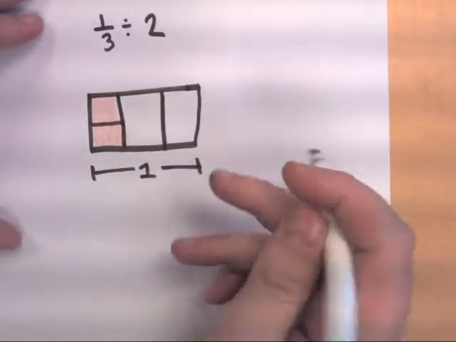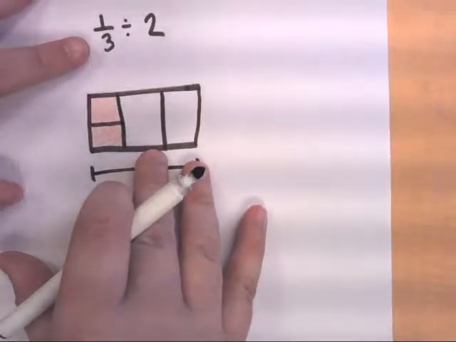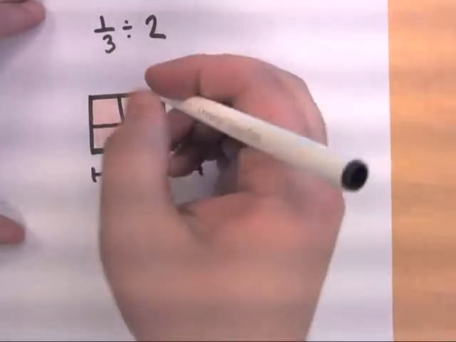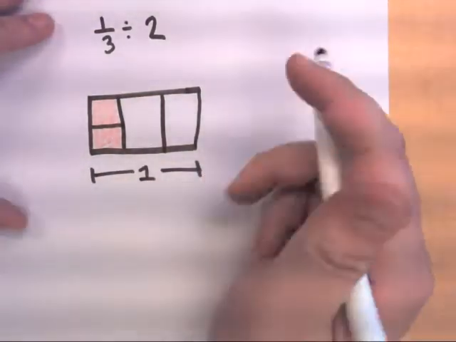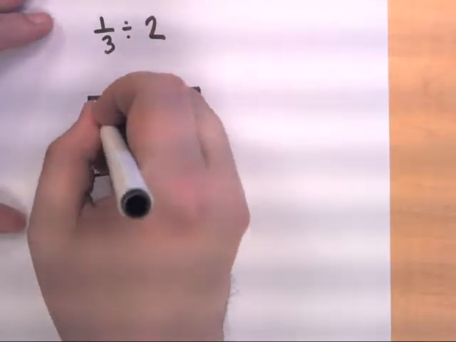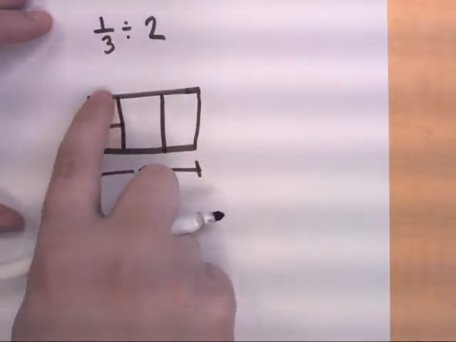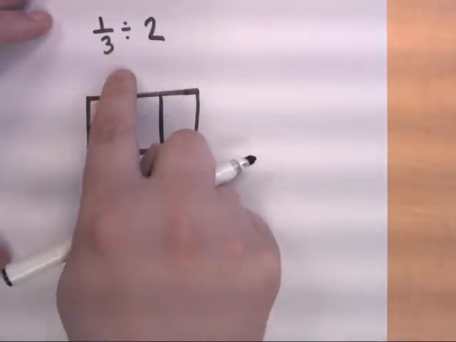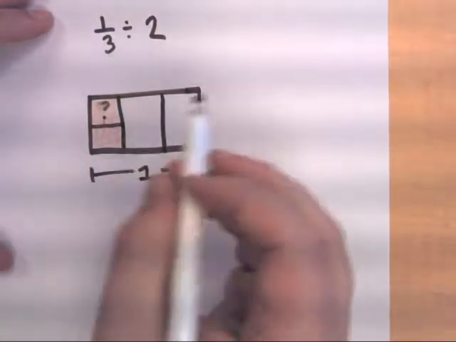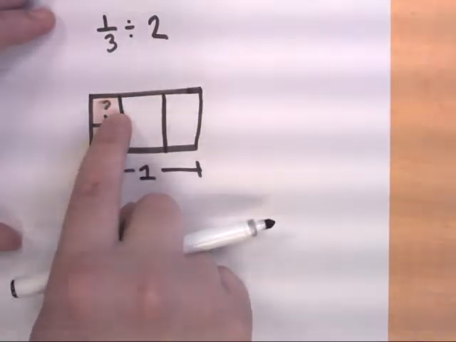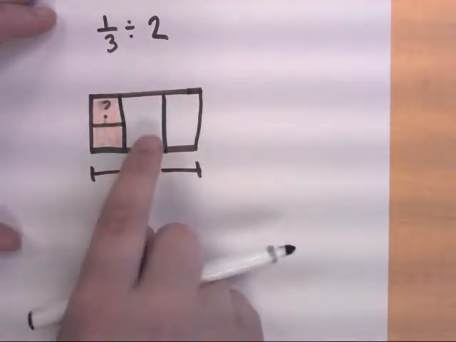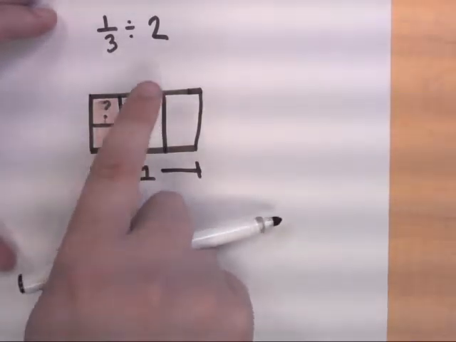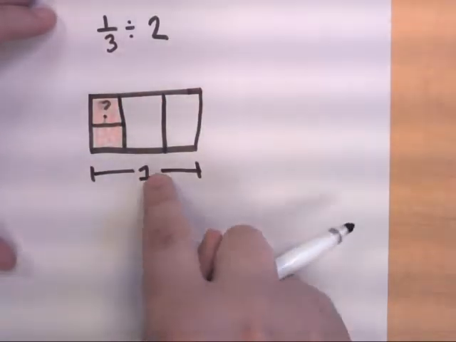So, I've used a diagram to represent this expression here, but what does that equal? What's the quotient of 1/3 divided by 2? Well, in order to figure that out, I need to figure out the size of this piece here. If I can find the size of this piece here, then I have found 1/3 divided by 2. Well, if I think about the size of this piece in relationship to the whole here, I could ask myself, how many of these sized pieces would it take to fill this entire whole?